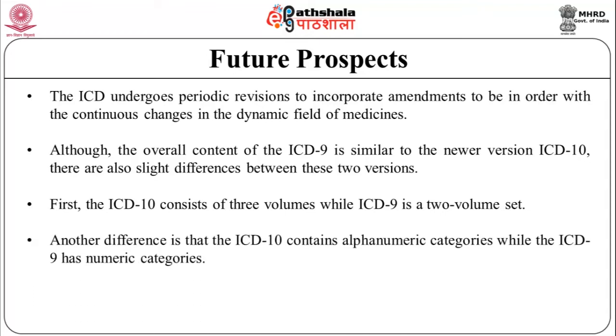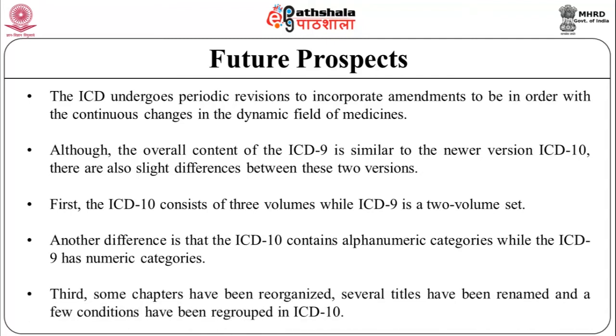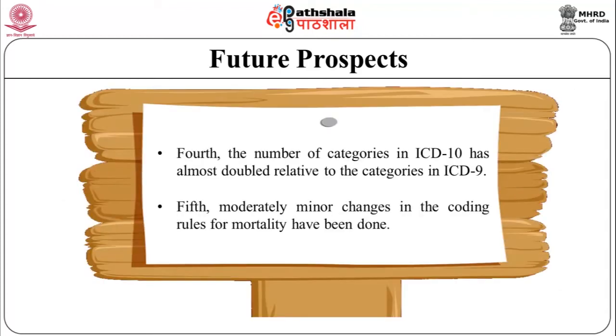Another difference is that the ICD-10 contains alphanumeric categories, while the ICD-9 has numeric categories. Third, some chapters have been reorganized, several titles have been renamed, and a few conditions have been regrouped in ICD-10. Fourth, the number of categories in ICD-10 has almost doubled relative to the categories in ICD-9. Fifth, moderately minor changes in the coding rules for mortality have been done.